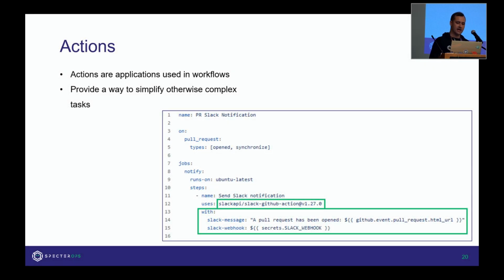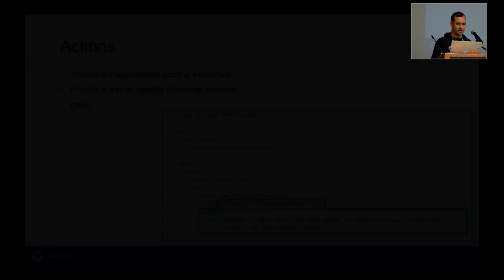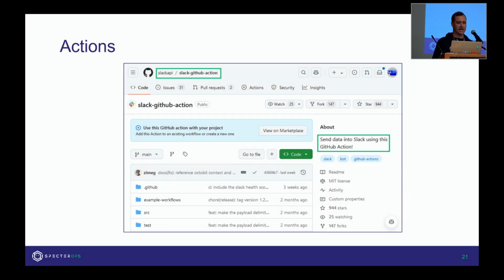So we can see here, actions are going to be the application that's actually used in the workflow. And in this case, we're actually pulling an action from slackapi/slack-github-action. And we can see that it takes two parameters. The first is a message, and the second is the webhook. If we want to go check out what the actual code for this action does, we can take that string, slackapi/slack-github-action, and we can just append that to github.com.